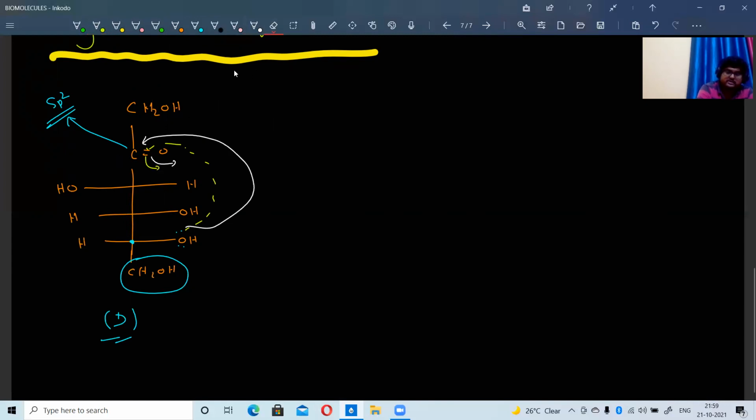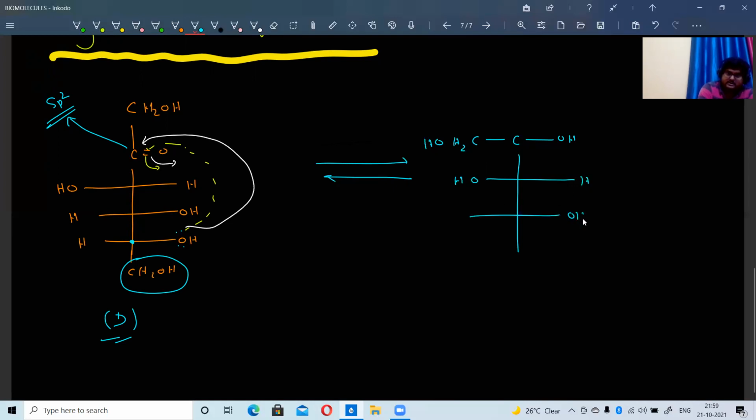Now if you draw the two possibilities, first the first one. Look, COH, CH2OH. Next, OH, H, OH, H. This O combines with this one. Now tell me, is this the alpha form or beta form?